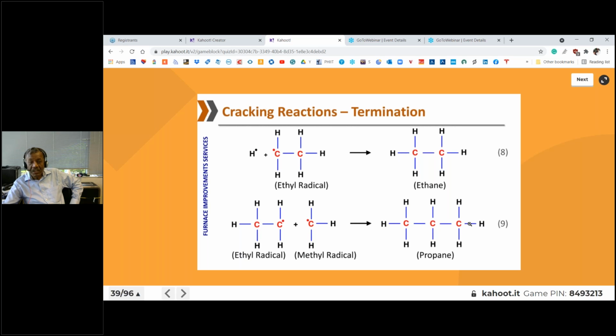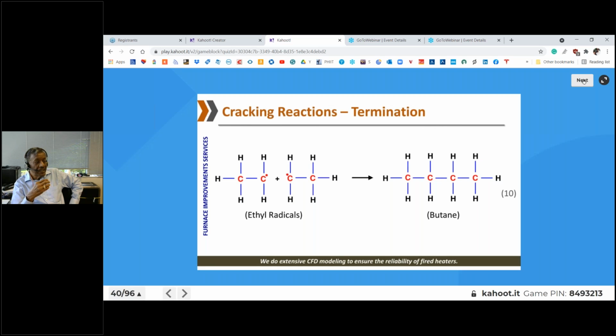So you can see there are lots and lots of reactions taking place. And when we have two ethyl radicals, they combine to form butane.